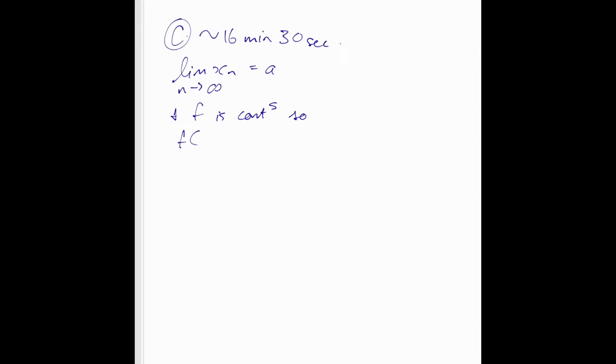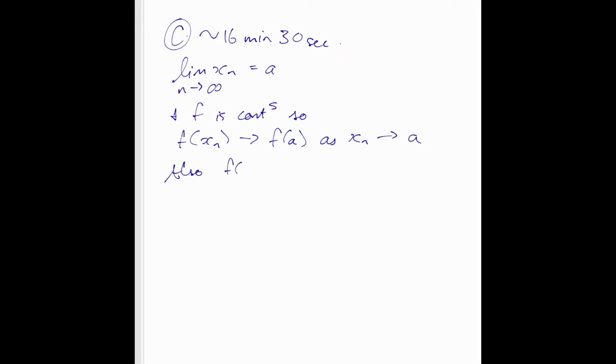Correction C refers to a point about 16 minutes and 30 seconds through the video. We had shown that the limit as n tends to infinity of xn equals a, and f is continuous, so f of xn tends to f of a as xn tends to a.